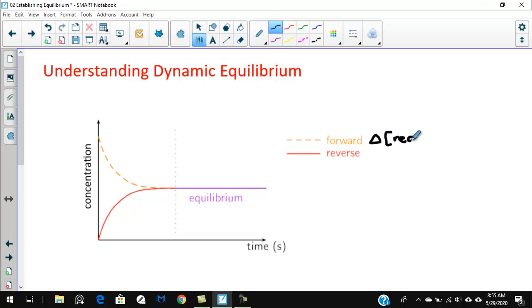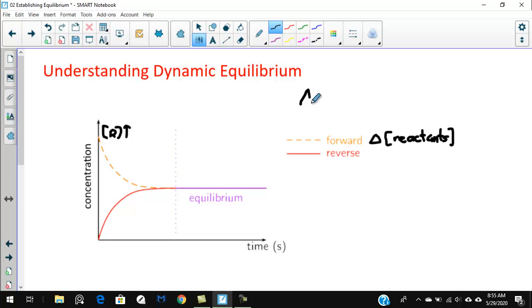I would just pick one if there were two, since typically one of them is easier to measure. So the line on here represents how the concentration of the reactant changed over time. If we run a reaction, it makes sense that we would start out with a high concentration of reactants, and then that concentration lowers as the time of the reaction goes on because the reaction is proceeding.